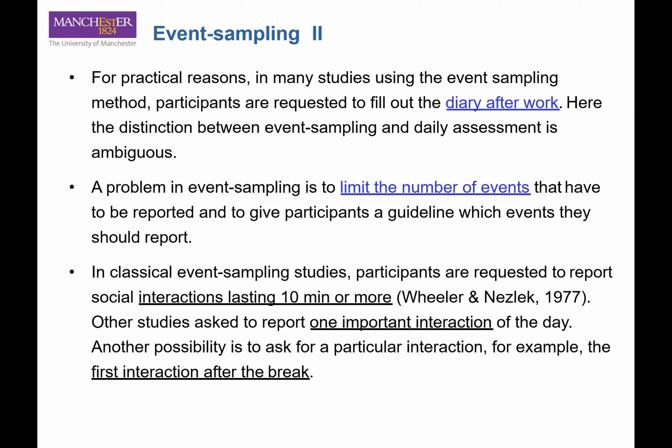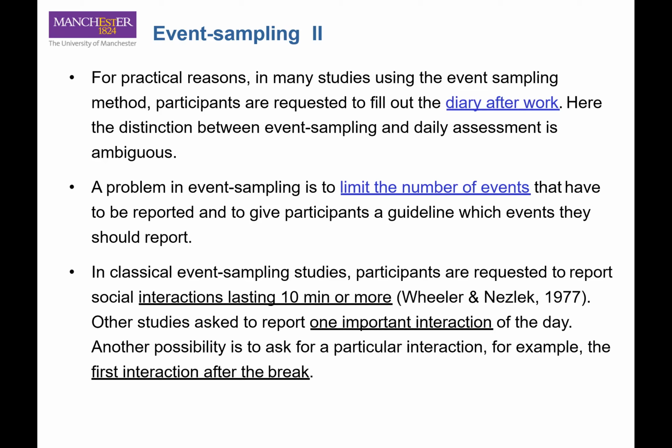In classical event sampling studies, participants are required to report social interactions lasting 10 minutes or more. For those interactions, if they last longer, we can capture them as an important event.